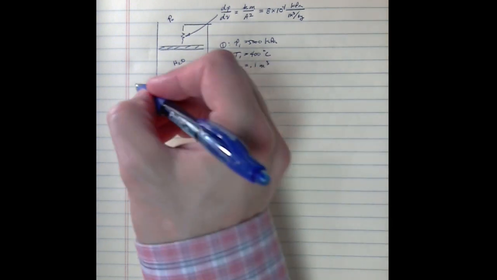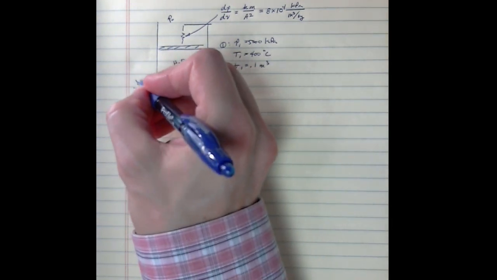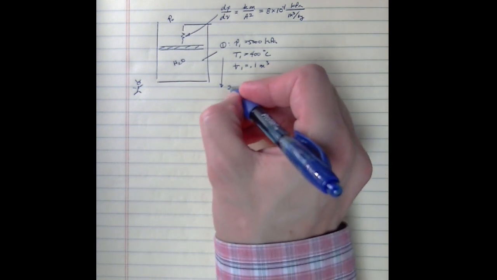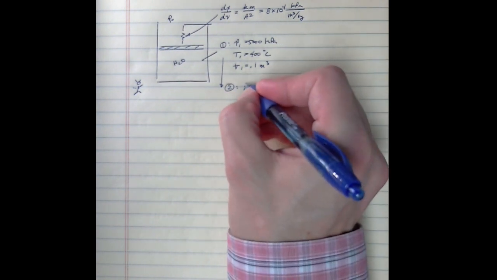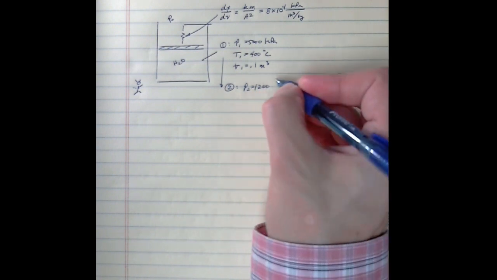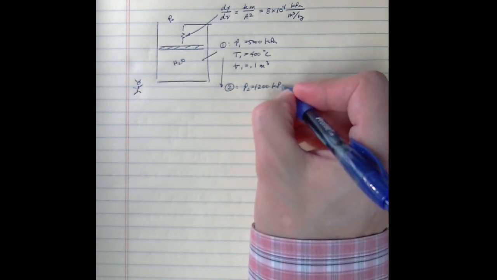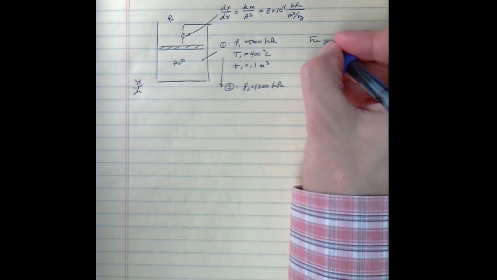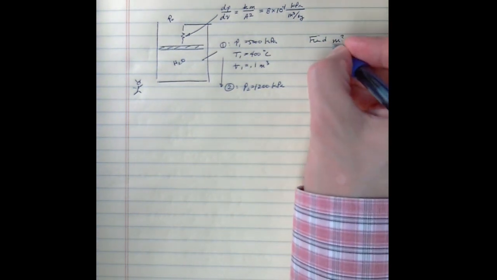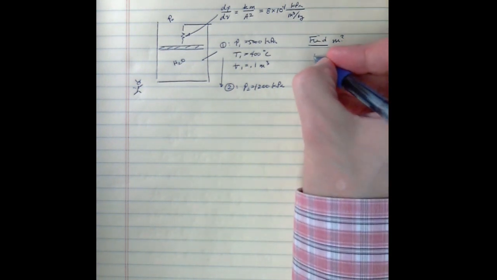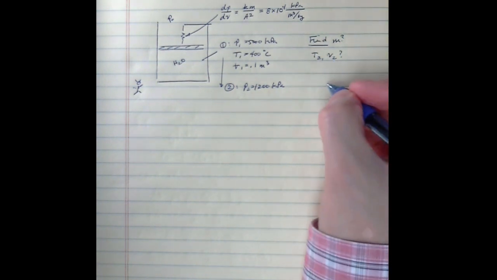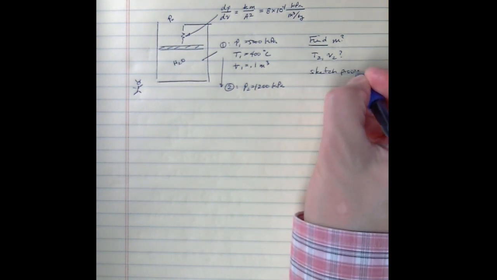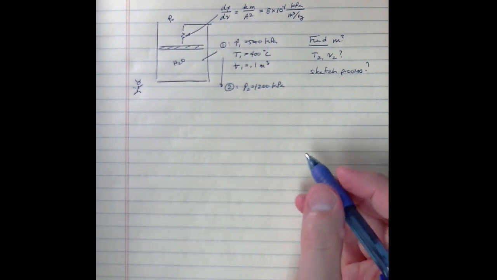The system cools reversibly, supposedly due to, say, an ELF that's slowly bleeding heat from the system, to a state 2, where the new pressure after the heat transfer is 1,200 kPa. In this problem, we're asked to find the mass of the air blob. We're asked to find T2 and V2 at the second state, and we're supposed to sketch the process. Those are all the things we need.